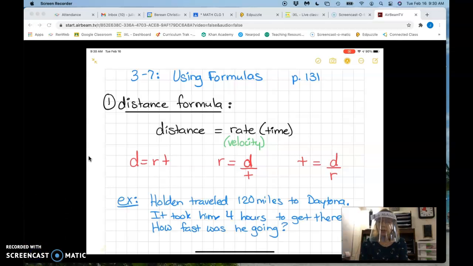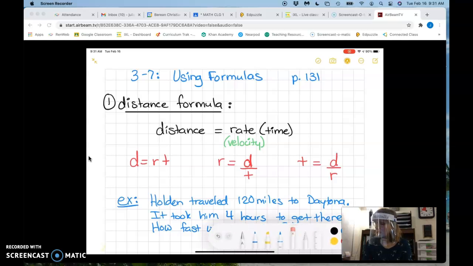Okay, so we have this example that Holden traveled 120 miles to Daytona. It took him 4 hours to get there. How fast was he going? When it asks us how fast something was going, that's talking about the rate or the velocity, which you could also call the speed.